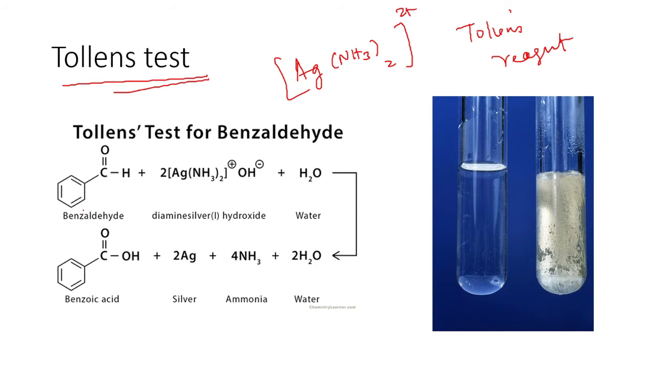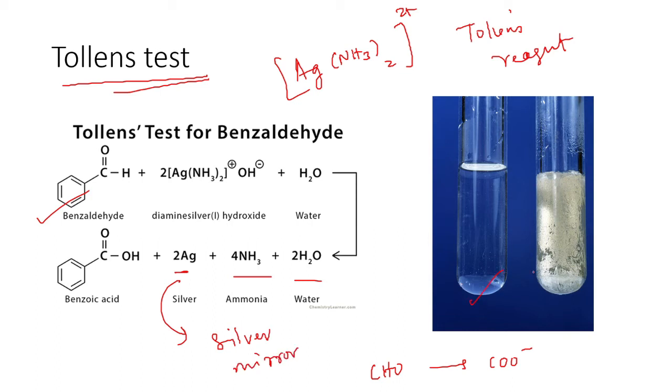When it is allowed to react with benzaldehyde, it oxidizes the CHO group to COO minus, and it forms many byproducts like ammonia, water, and also silver. This silver actually gives the appearance of a silver mirror. This particular word is used.